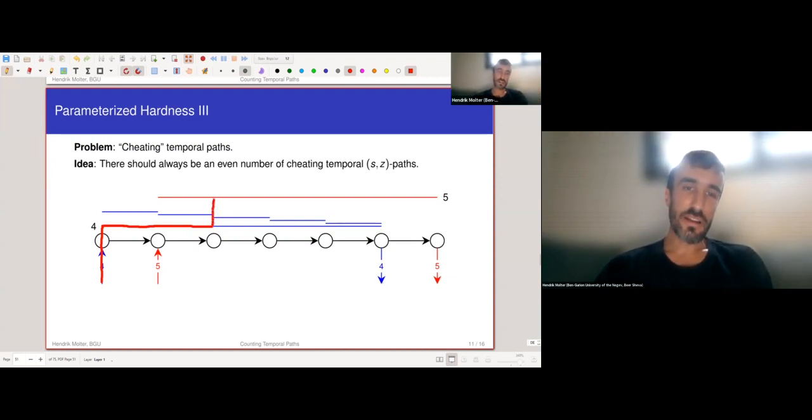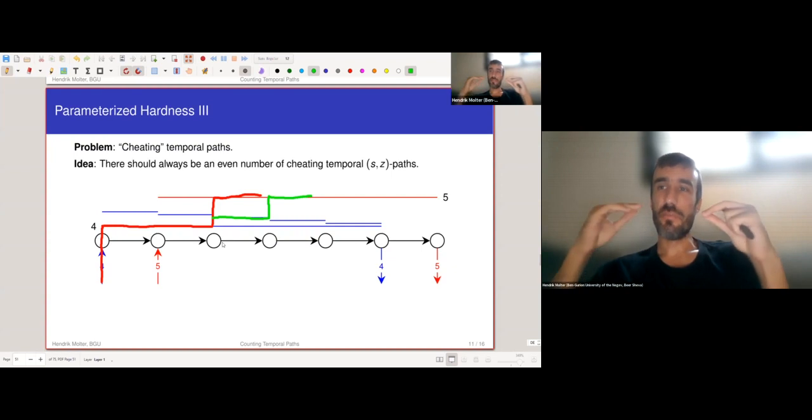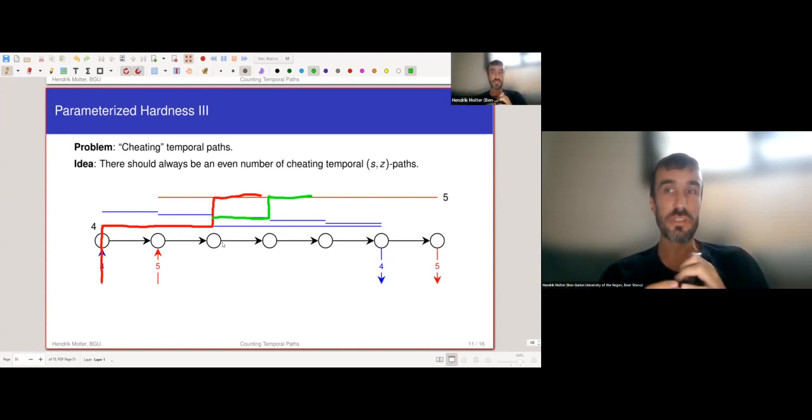Then I can either immediately jump to the red one, or I can first use this time label here, but then, because the next one is going to be earlier, I cannot do anything else but also jump to the red one afterwards. And this means whenever I cheat in that sense, the number of paths that do that is going to be even.